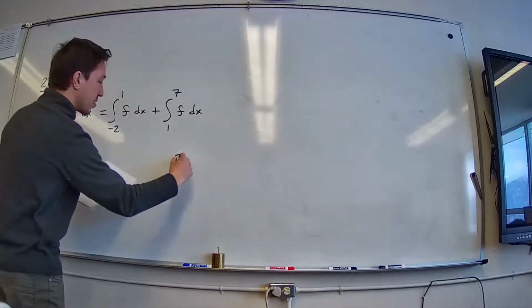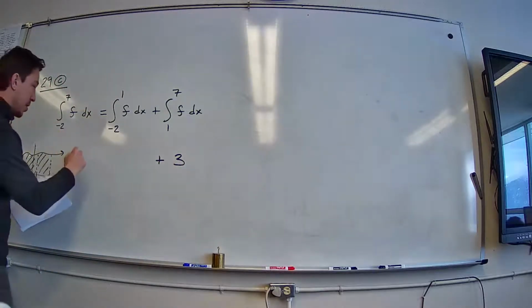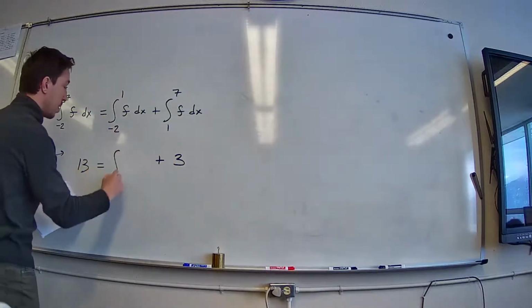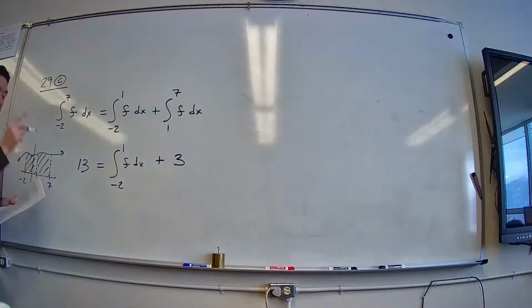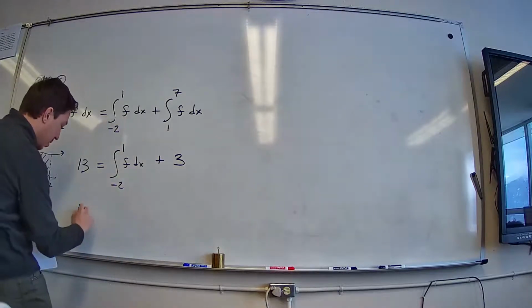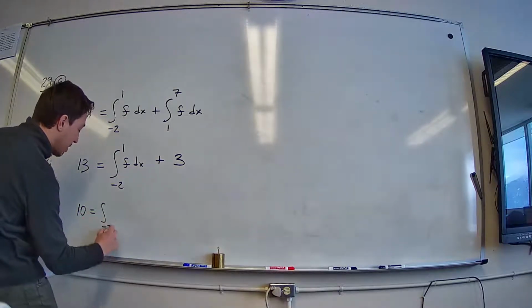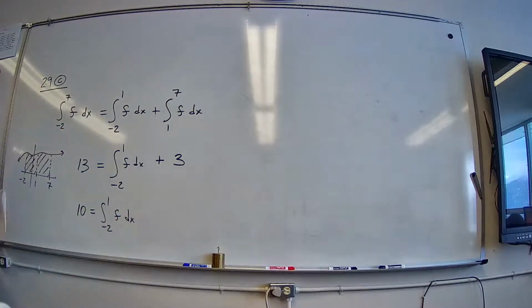From 1 to 7, the area was 3. They gave us the total area was 13. So we have at least one nugget of information, which is that the area between -2 and 1 has to be 10. My picture wasn't very much to scale, but that area had to be 10.